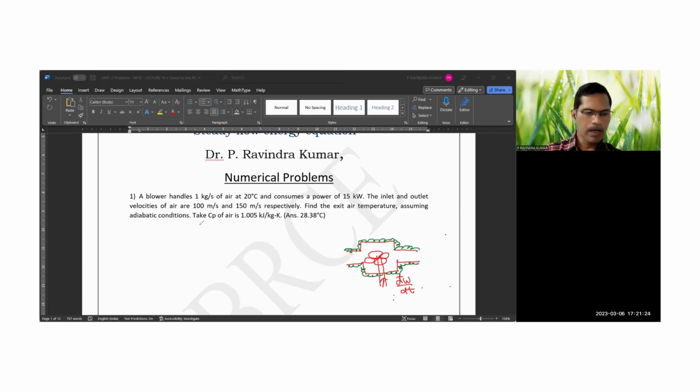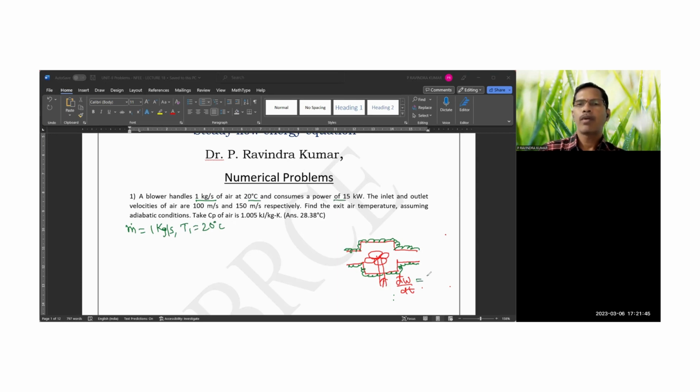So what are the given conditions? First thing is the mass flow rate is given, 1 kg per second, and the temperature is given as 20 degrees centigrade, and it consumes a power of 15 kilowatts. That means work input is required.